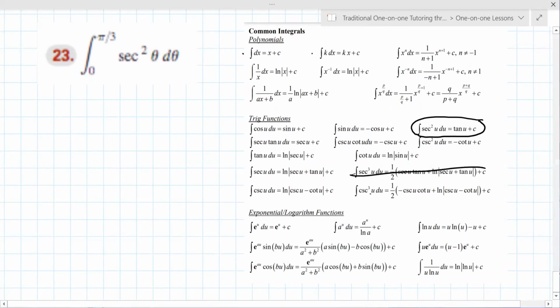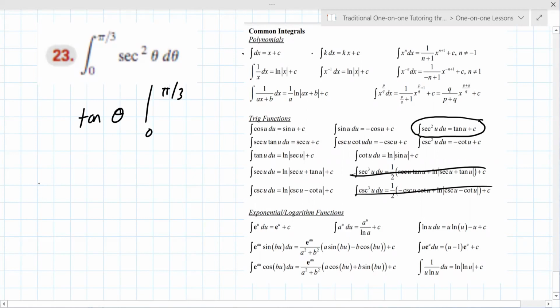You don't need to know that one or that one. You will know how to do them at some point, and these come later in the course, some of these other ones. It's kind of like the 80-20 Pareto stuff. You need to know 80% of this if you want to do well. Yeah. So this one is, and if you just say, okay, I know this is tangent theta, evaluate it from 0 to pi over 3.